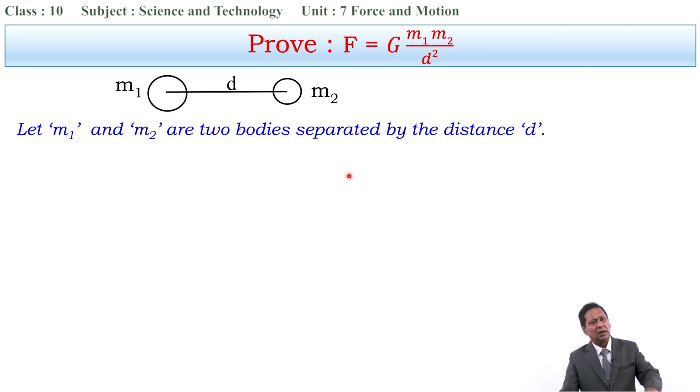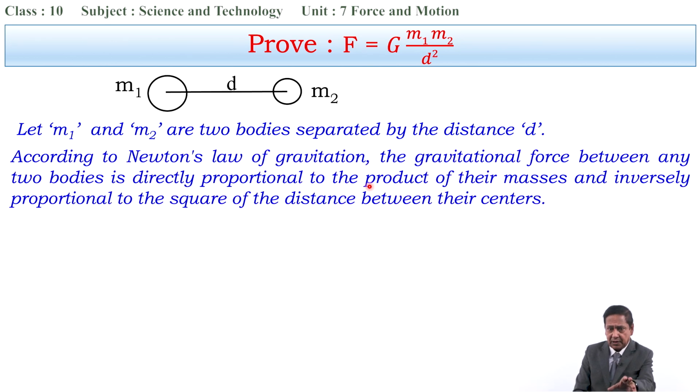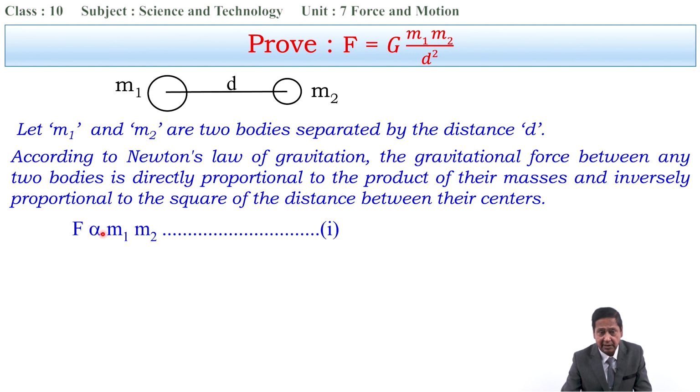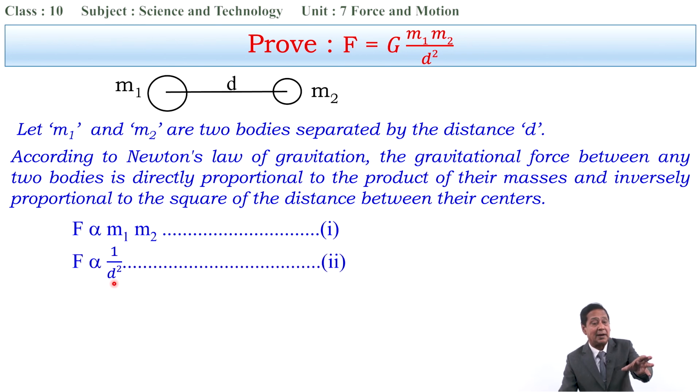Now, according to Newton's law of gravitation, which I am repeating, the gravitational force between any two bodies is directly proportional to the product of their masses and inversely proportional to the square of the distance between their centers. So the gravitational force between these two bodies is directly proportional to m1 m2, and it is inversely proportional to the square of the distance. This is told in this law.